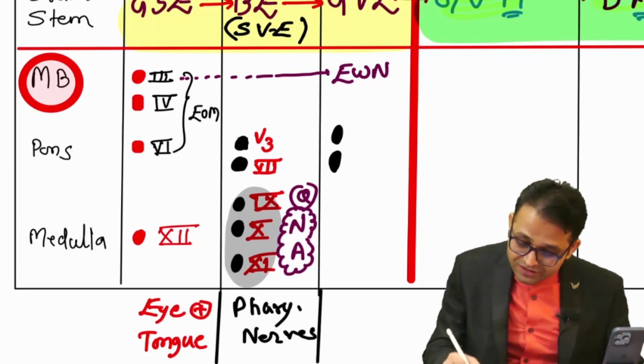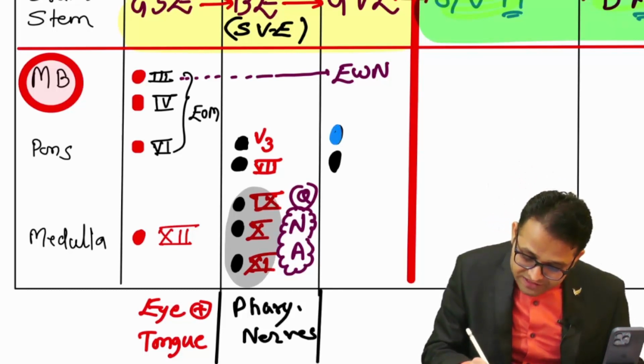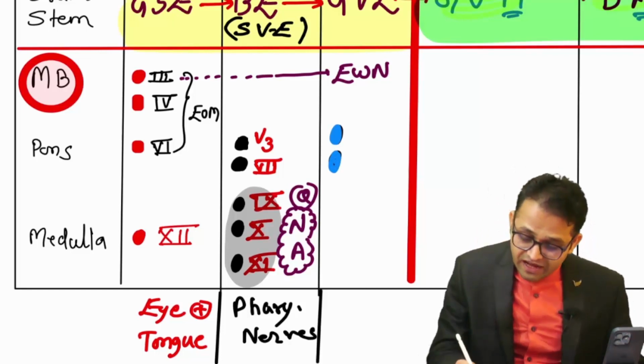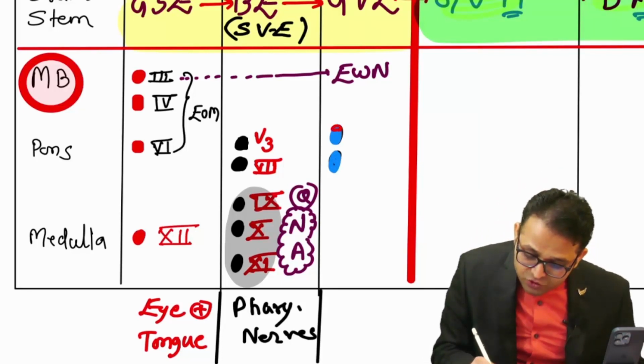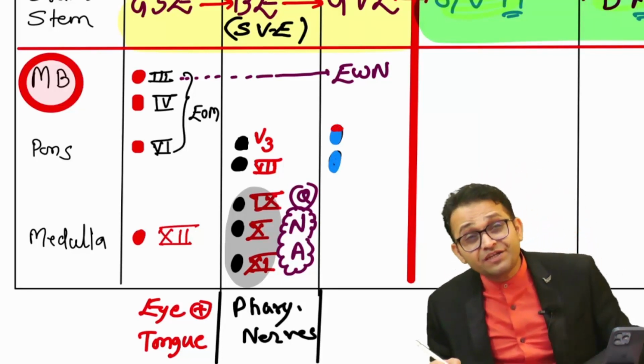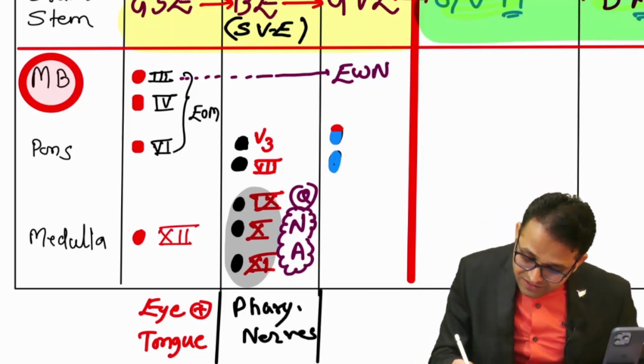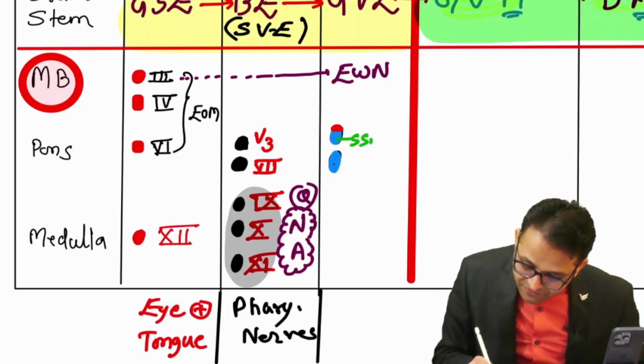These are our superior salivatory and inferior salivatory nuclei. A few textbooks say the upper part of the superior salivatory nucleus is the lacrimal nucleus.